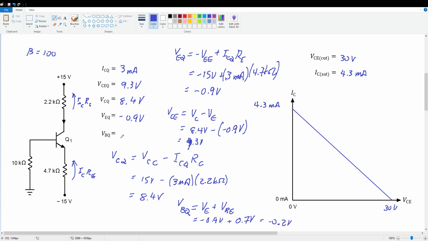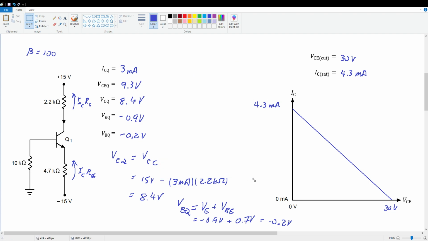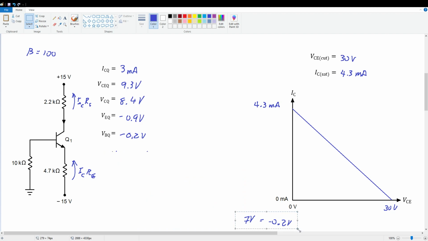So our base is sitting at minus 0.2 volts with respect to ground. All right, let me get this clutter all out of the way so that we can just look at the results. All right, so here are all of our Q point values, VCE, IC, and the other node values for the collector, base, and emitter.